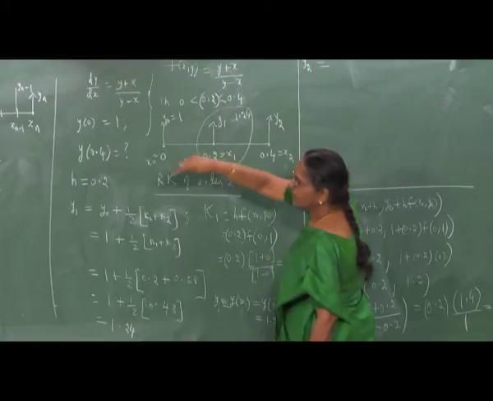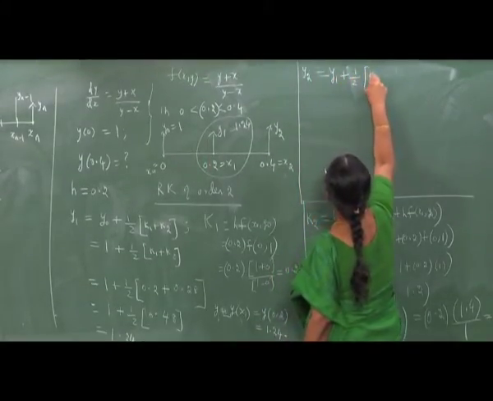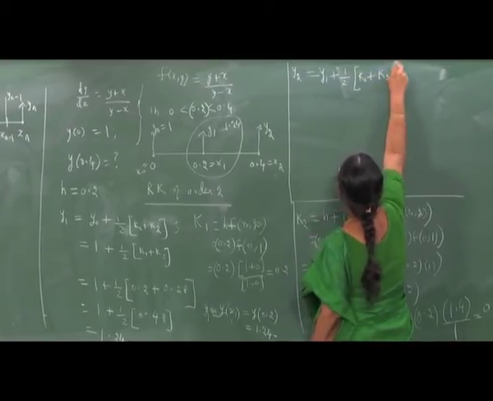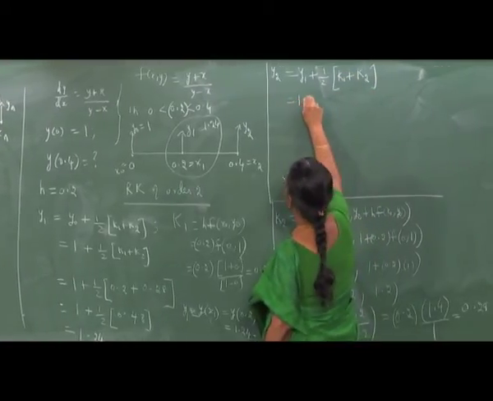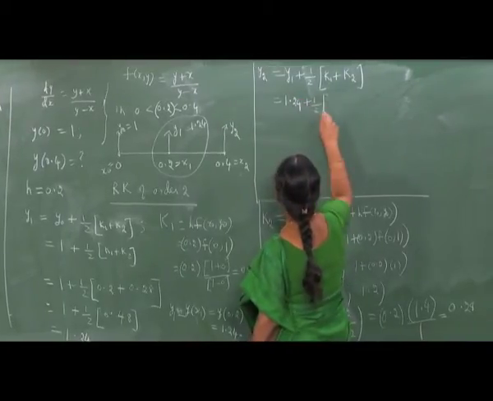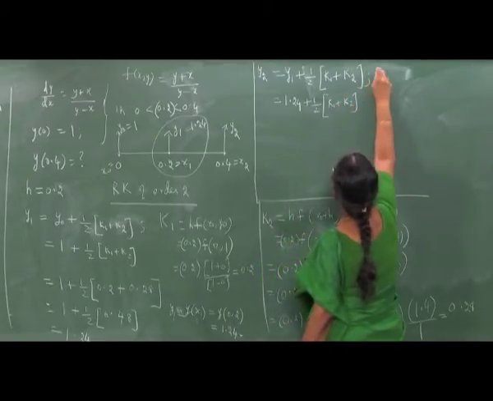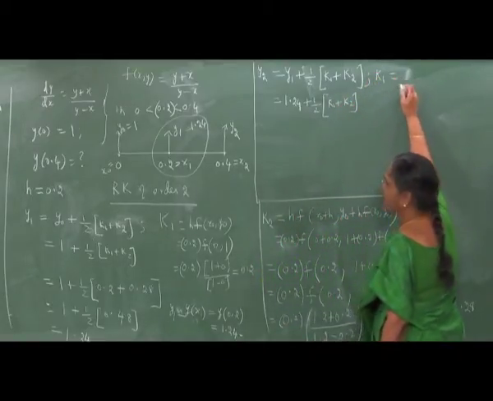Again, from the method that we have written, it is y1 plus half of k1 plus k2. y1 is computed just now as 1.24 plus half of k1 plus k2. So, we compute k1.